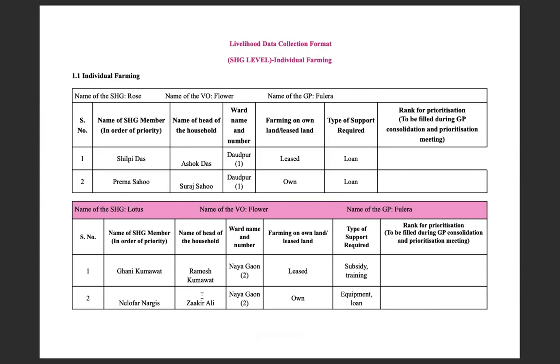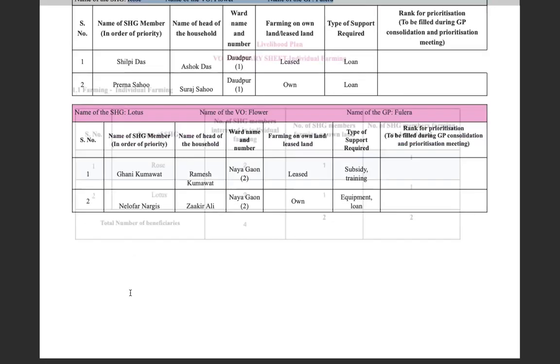Now we will go on to learn how to do the VO summary sheet for livelihood data collection. At the SHG level, we had filled in these formats where we can see that for individual farming, in Rose SHG, 2 members had demanded individual farming, and under Lotus SHG, again 2 members have demanded individual farming.